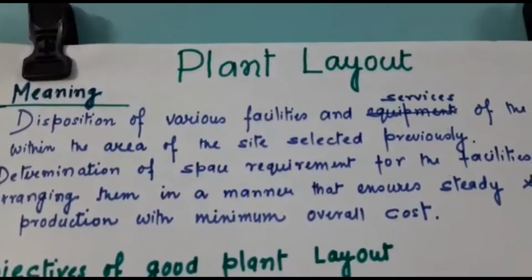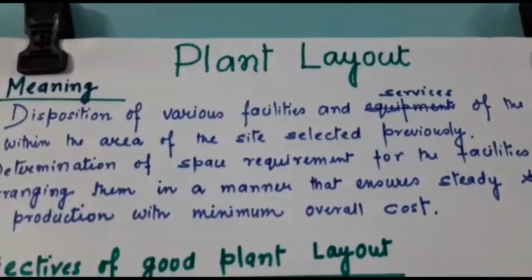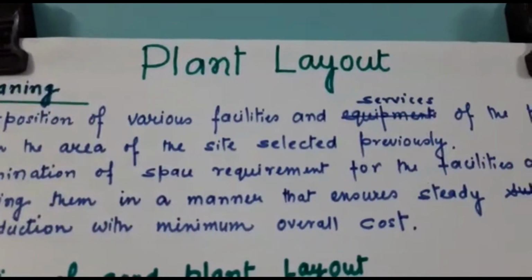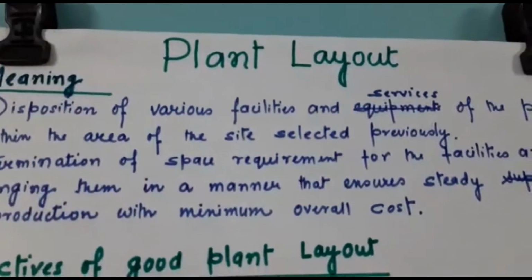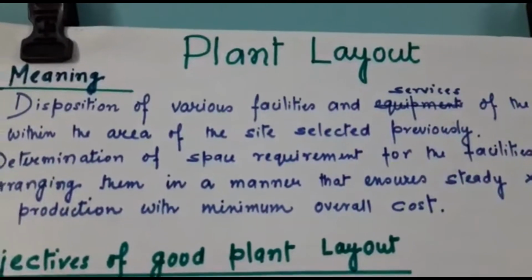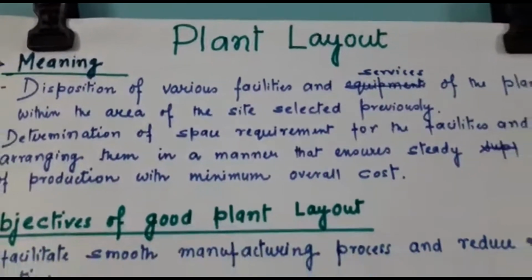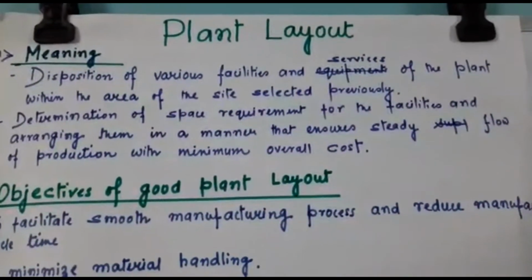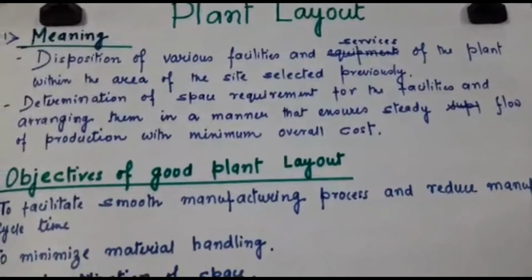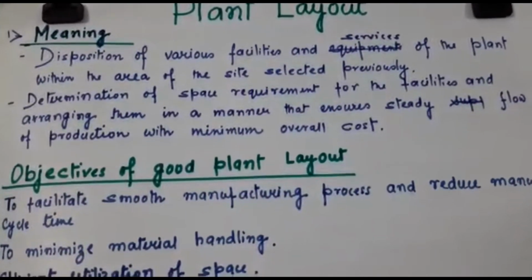As we have discussed what is meant by plant layout, it means the disposition of various facilities and services of the plant within the area of the site selected previously. And so it involves determination of space requirement for the facilities and arranging them in a manner that ensures steady flow of production with minimum overall cost.